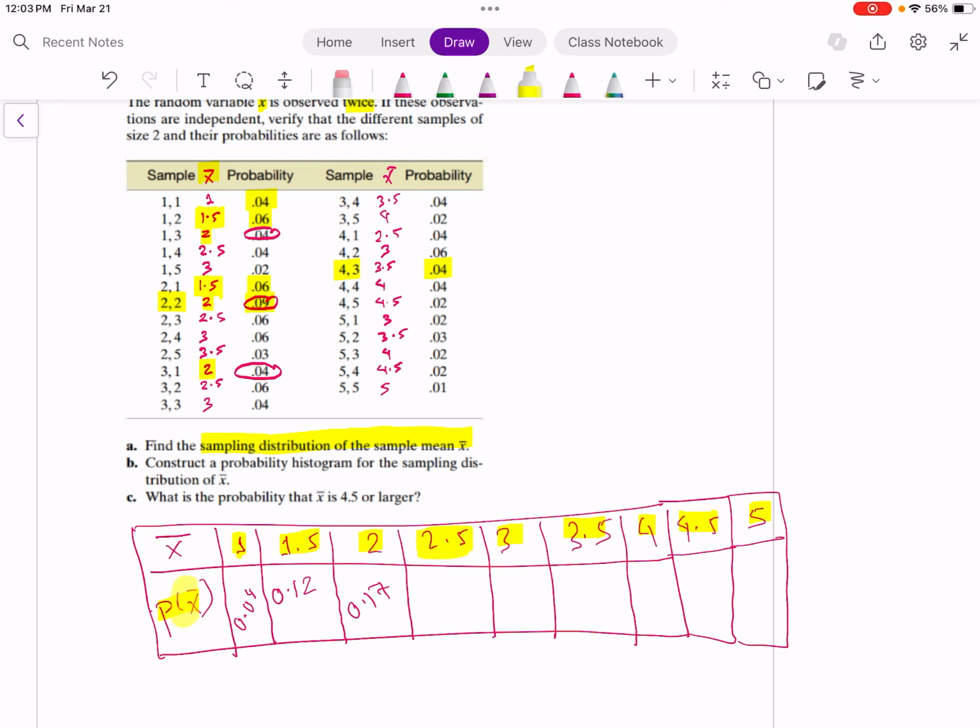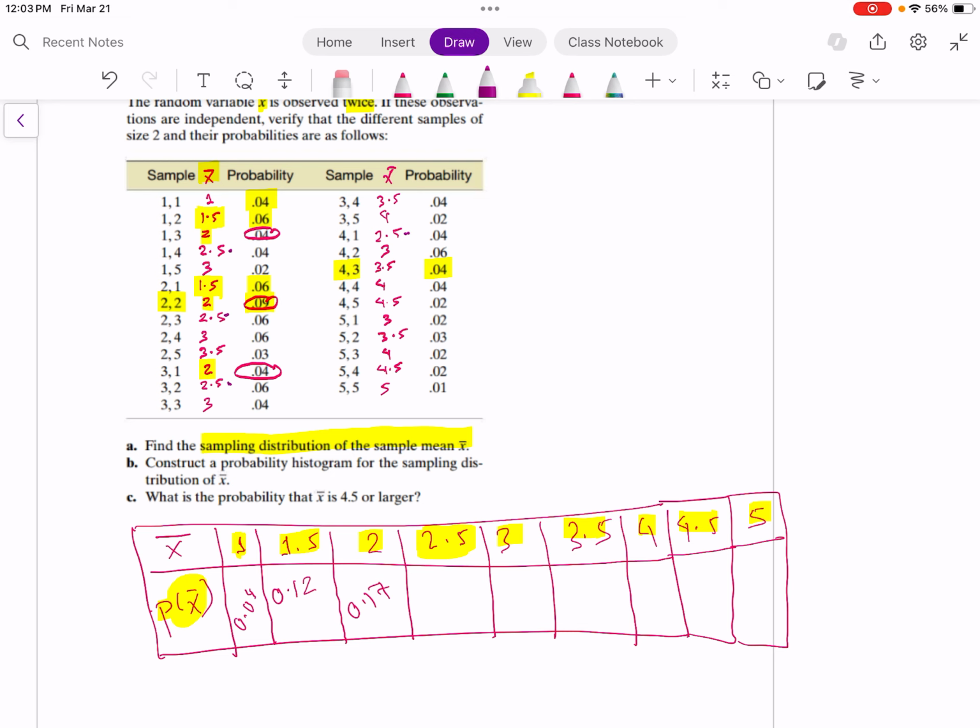What is the probability that x bar takes 2.5? Let's find 2.5 in the x bar values. We have 2.5 here, here, and here, so four places.